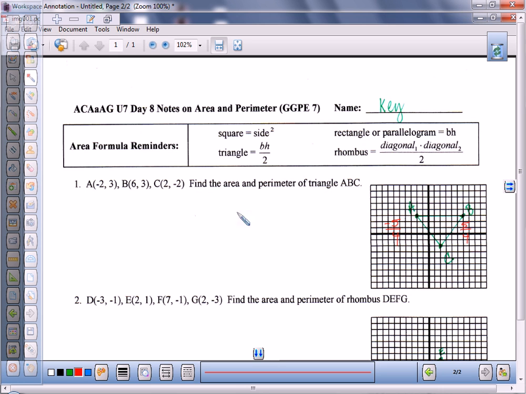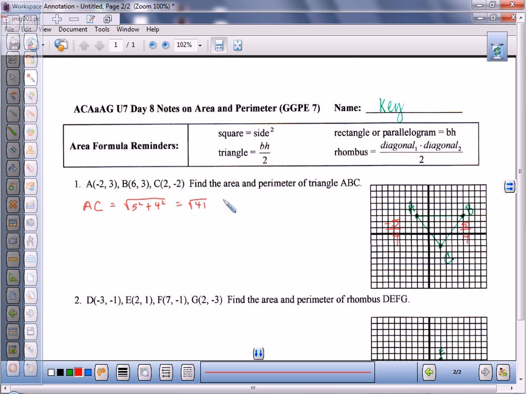distances. When we find the distance of these two legs, we can find that AC has a distance of the square root of 5 squared plus 4 squared, which is 25 plus 16, which is the square root of 41.